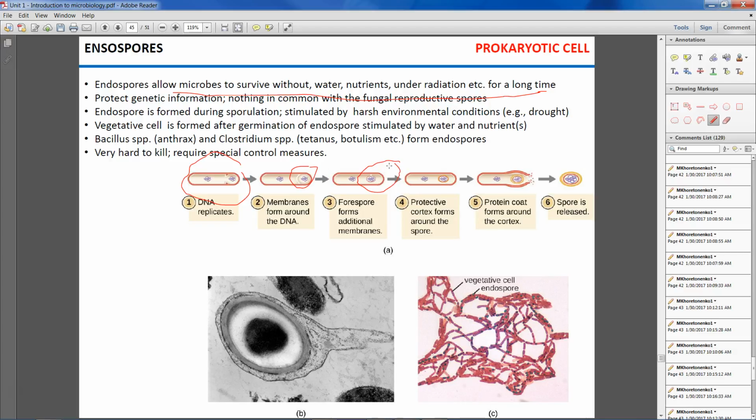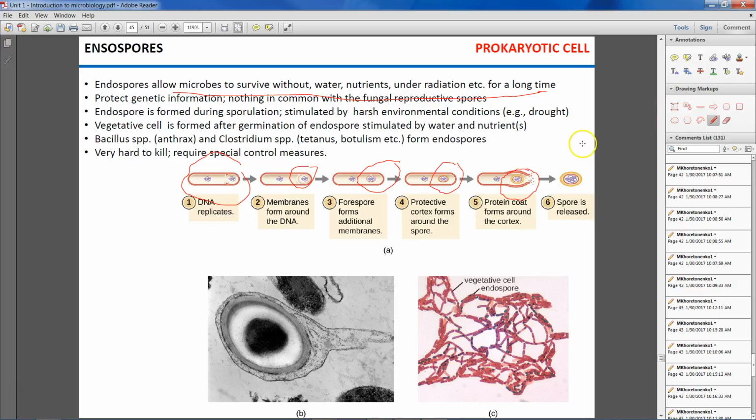Like before spore. And the forespore develops more and more layers of protective structures, like the cortex, for example, eventually forming several layers: the forespore layer, the cortex layer, and the protein coating on the outside.